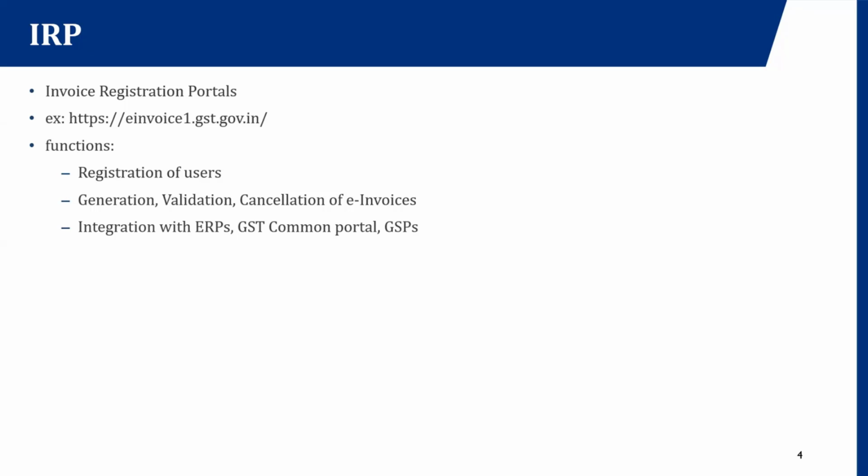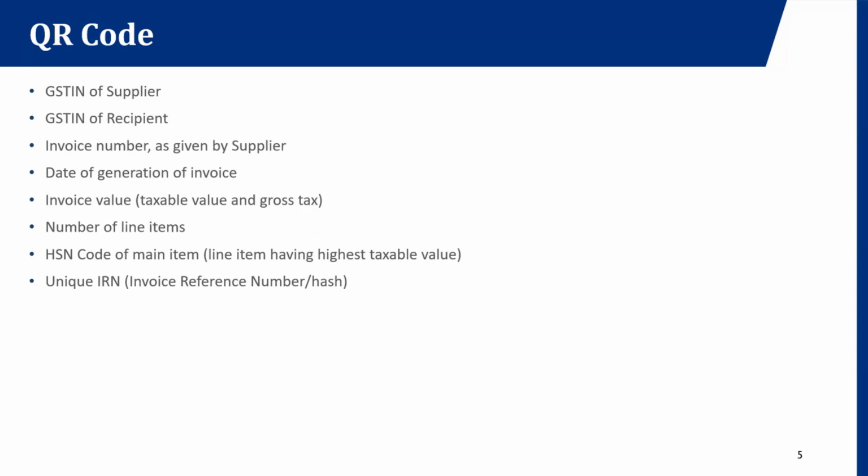Integration is already there, and the GSPs can also be integrated on this portal. So these are the 2 terminologies, IRN and IRP. In the full presentation, I will be using these terms, so that's why I have explained them before.